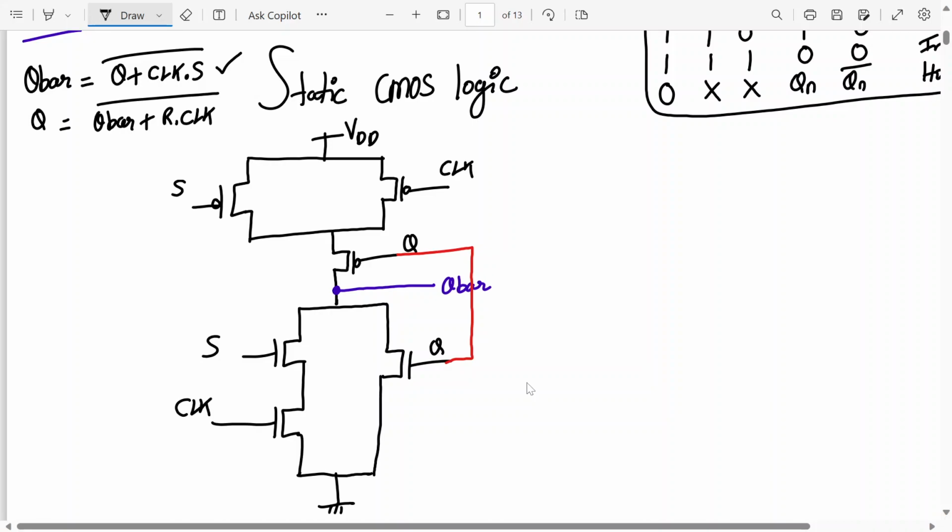For Q, similarly, we have Q bar plus R and clock. So please draw this in your books. I guess you have understood the pattern now. Please complete the design. Here we will have Q bar. I am deliberately drawing Q bar over here so that I can join them together. And here I have R and clock.